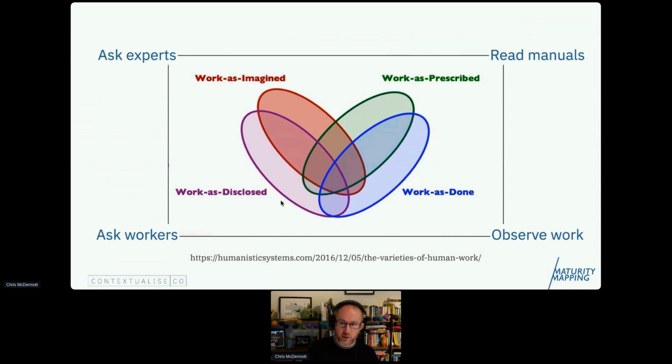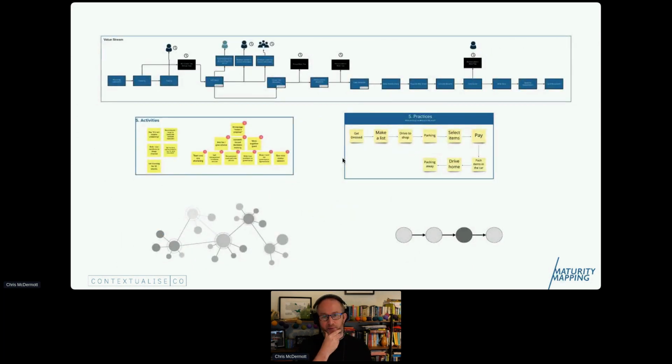It depends on where you believe you can get utility from what you do. Work as prescribed is possibly not something we've explored as a way of mapping. It's a way of learning about a context and how things might work, yes, but not necessarily for mapping. So that step 5 I was talking about, where we start to say, tell us all of the things you do.